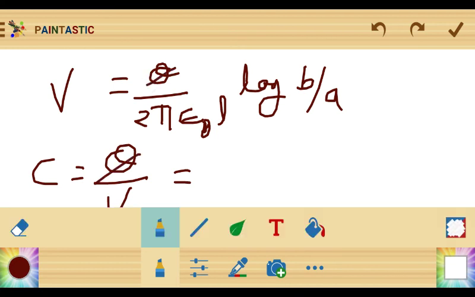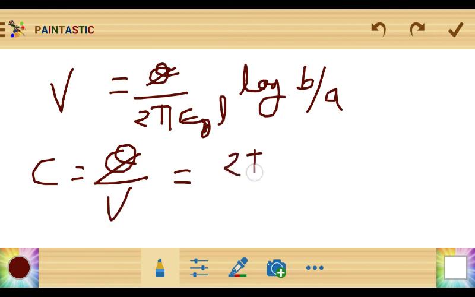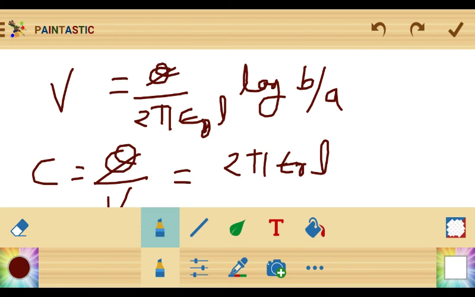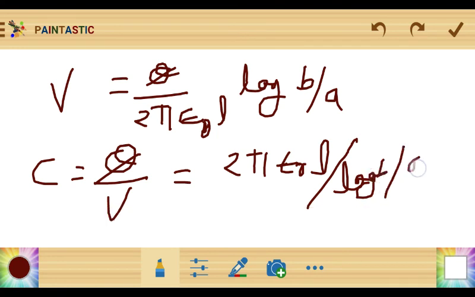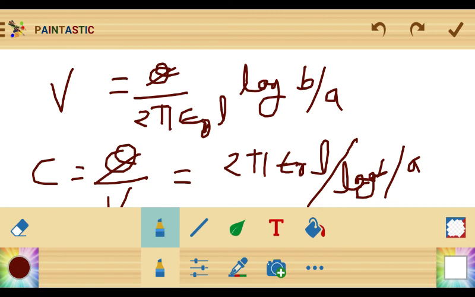So 2 pi epsilon 0 L goes up and log B upon A comes down. So this is for the cylindrical capacitor.